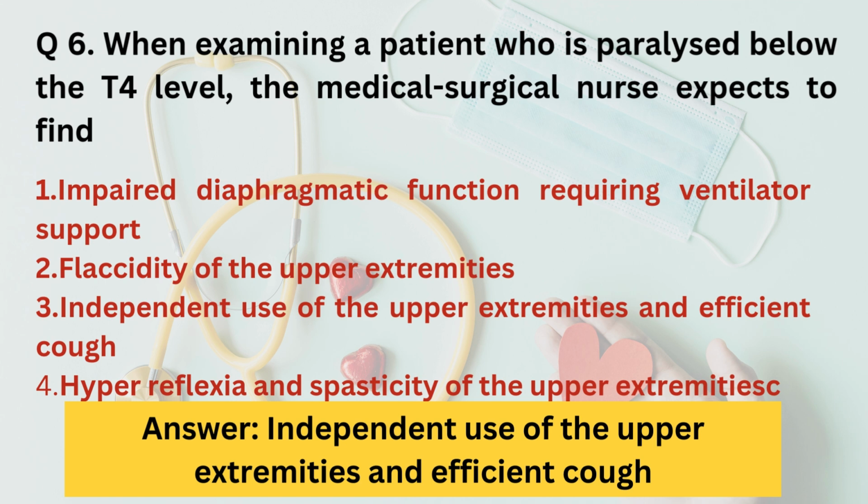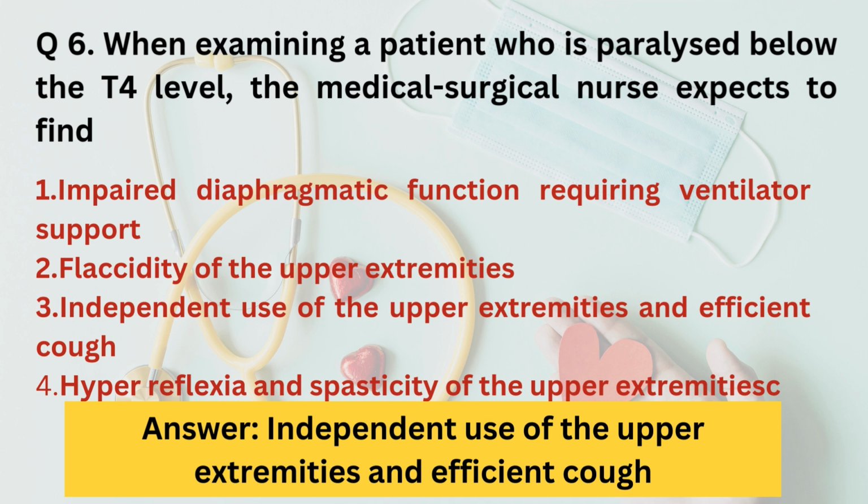Therefore, individuals with T4 level paralysis usually retain or keep normal function of their upper limbs and diaphragmatic breathing. Hence, the nursing officer should find normal functioning of the upper limbs and normal diaphragmatic breathing. That indicates there is no injury above T4 level. Paralysis below T4 level affects lower limbs, not upper limbs.